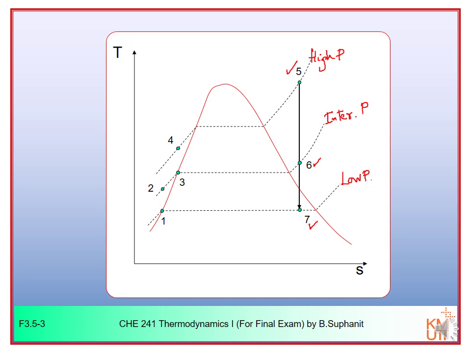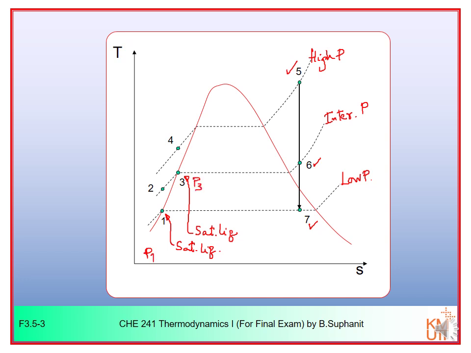Apart from that, because this is an ideal Rankine cycle, it means that the condition here at number 1 and number 3 would be saturated liquid. So you know both pressure, P1 and P3.